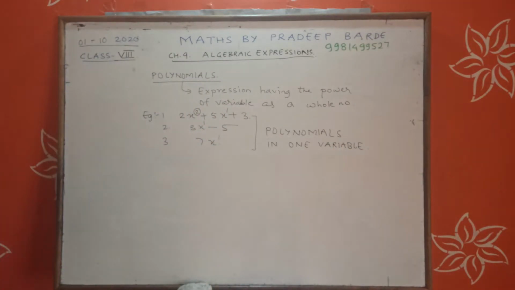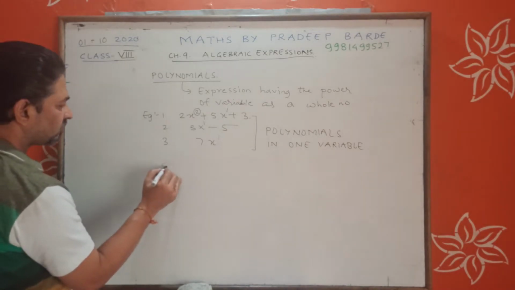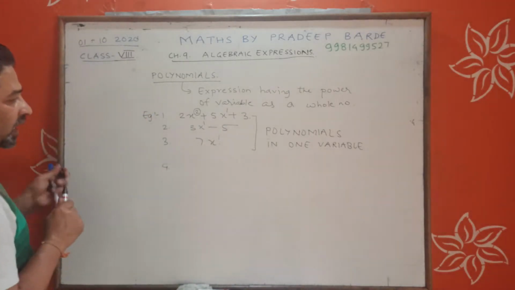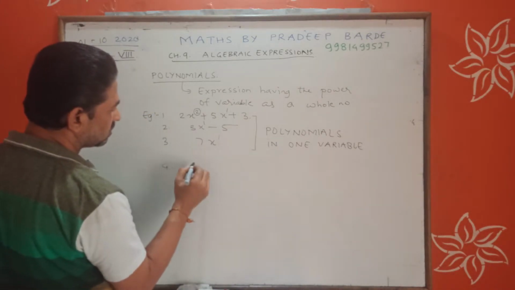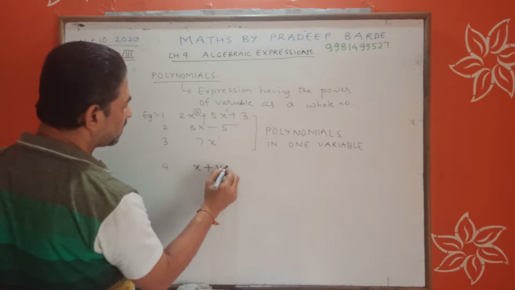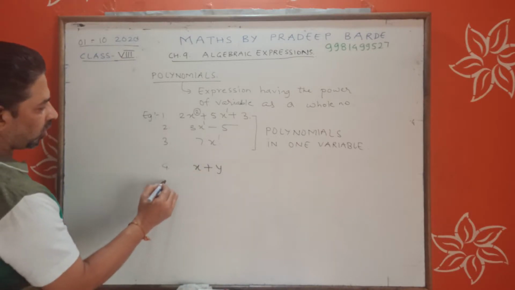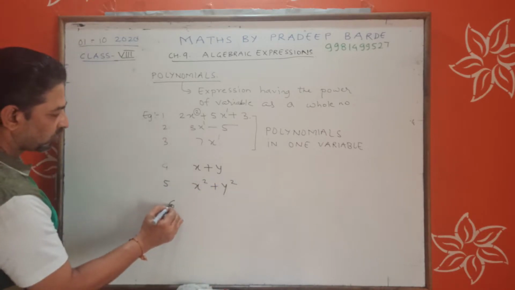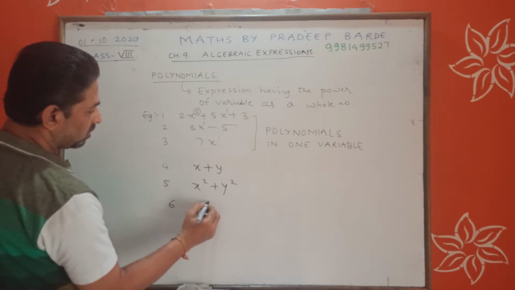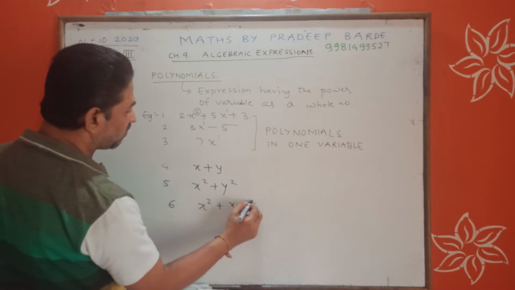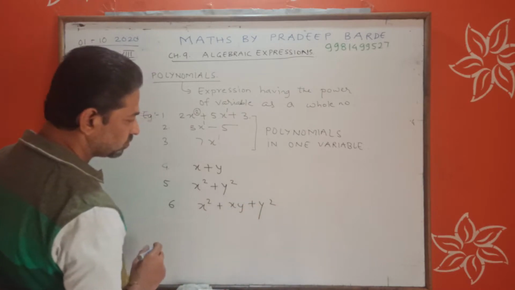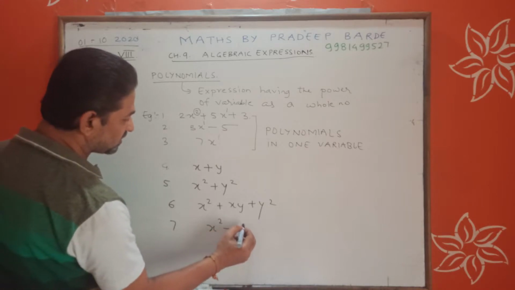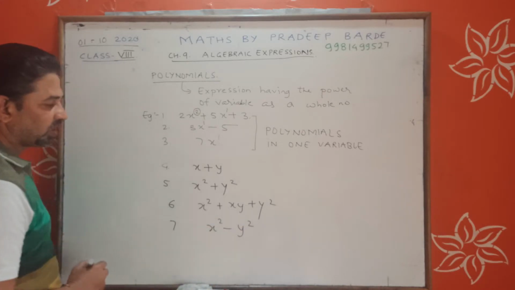We can take some more examples. If we have a polynomial like x plus y, or x square plus y square, or x square plus xy plus y square, or x square minus y square.